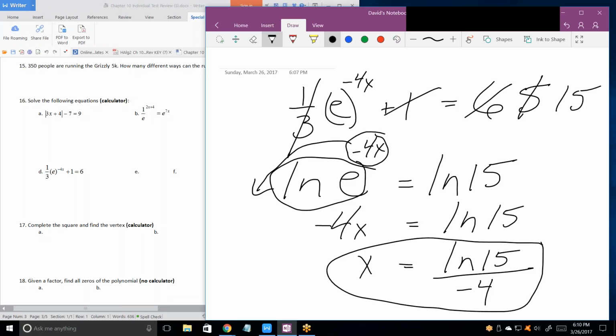So this is as concise as you can get. And notice what that is not. That is not the natural log of 15 divided by minus 4. What I meant is the minus 4 is not in the argument. This is the natural log of 15, that number, divided by negative 4.